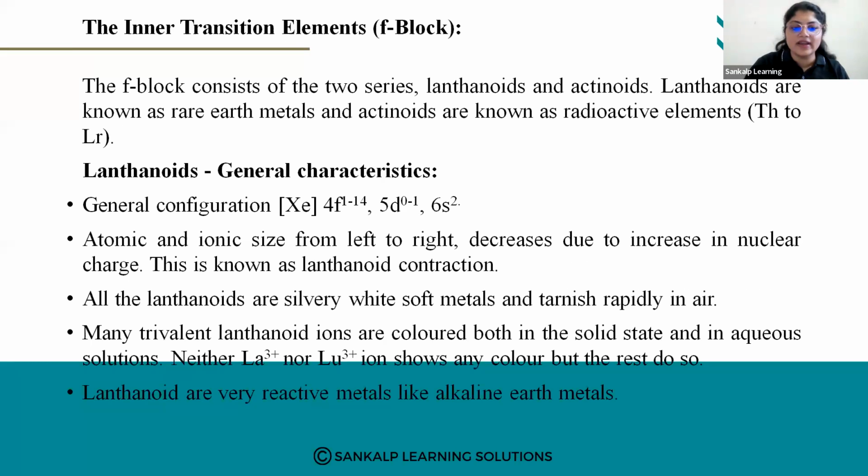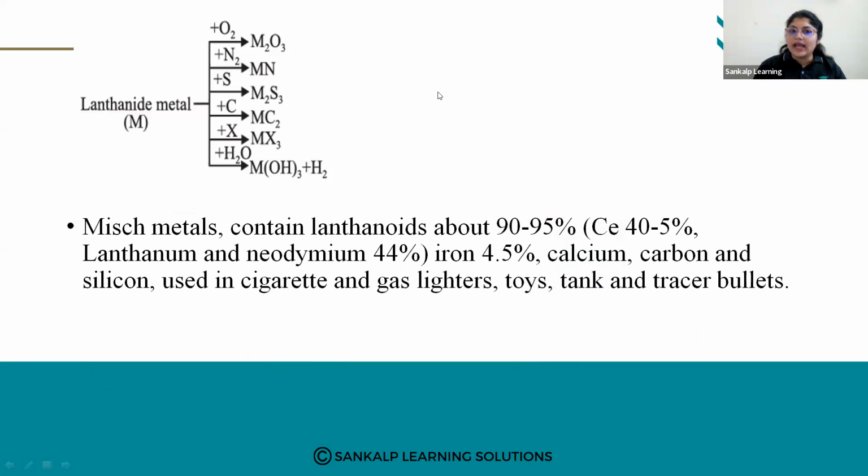In the last class, we already studied the general characteristics of lanthanides, right? What is the general electronic configuration? Then we saw the atomic and ionic size, how it decreases. We studied what is lanthanide contraction, then the chemical reactivity of the lanthanide metals, and what are Misch metals.